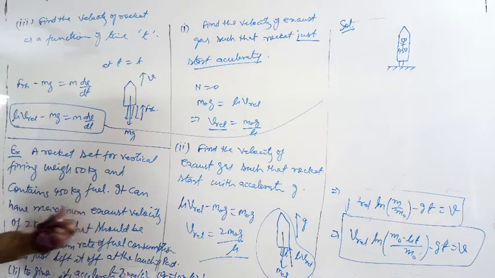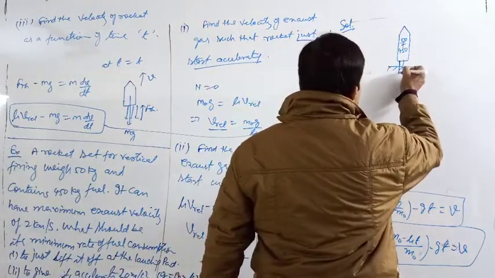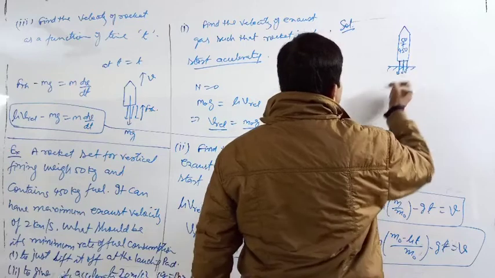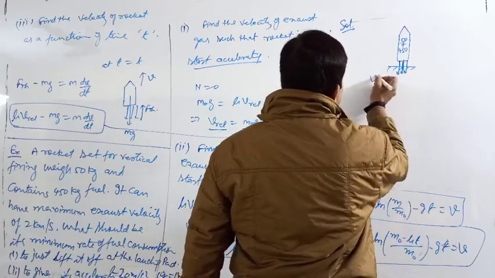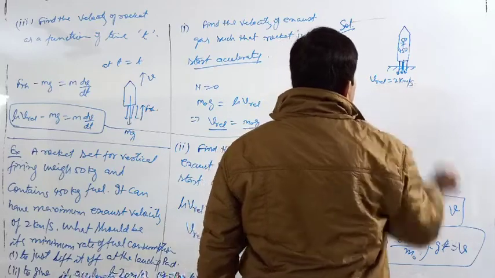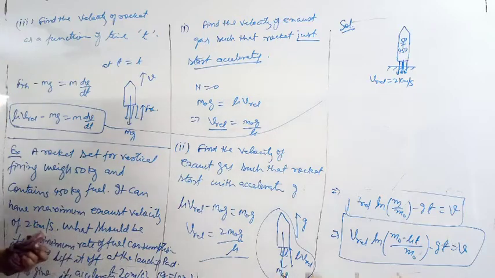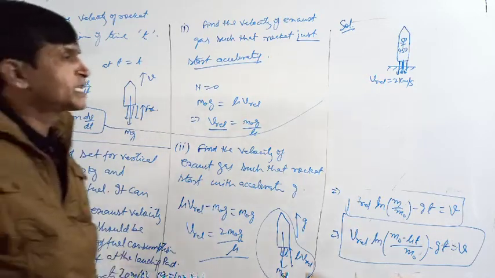It can have a maximum exhaust velocity of this. It means when the gases come out, they come out with a maximum speed of 2 kilometers per second. This is the relative velocity of the exhaust gases given. What should be its minimum rate of fuel consumption?